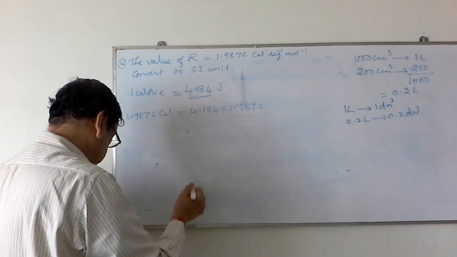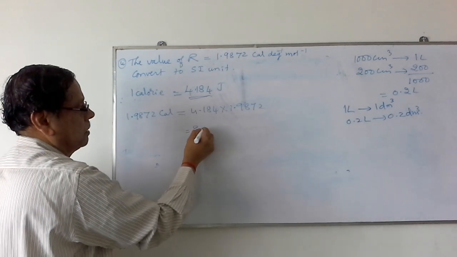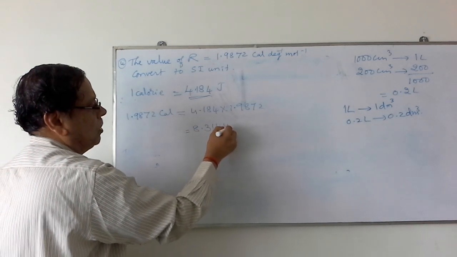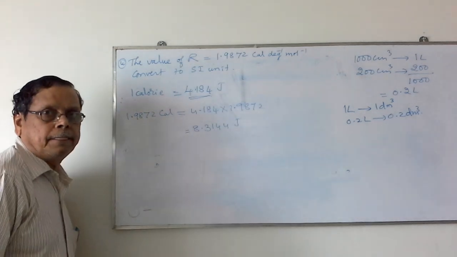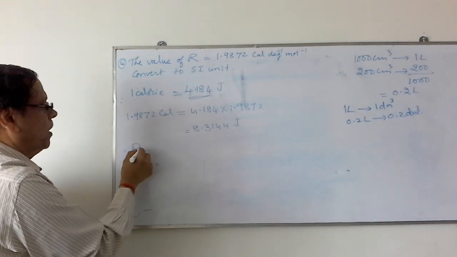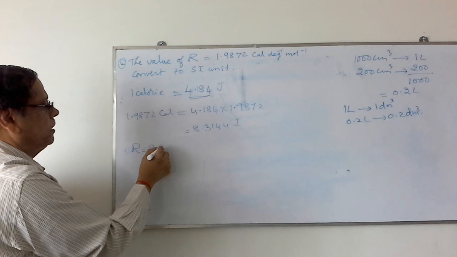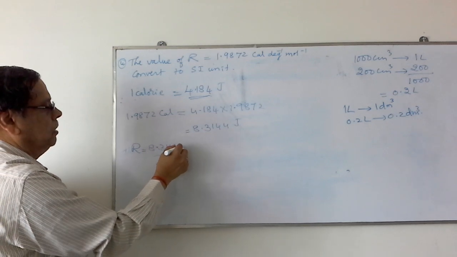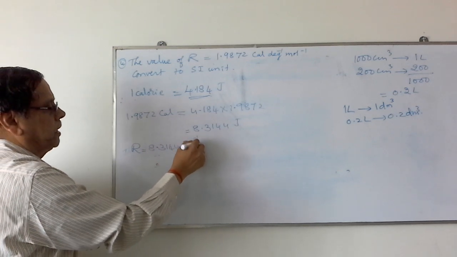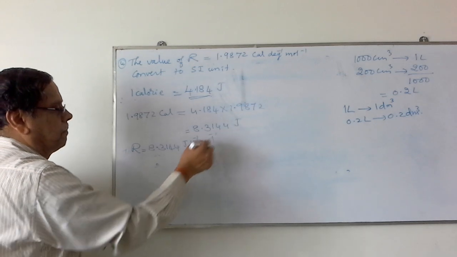This comes out to be 8.3144 joules. Therefore, the value of R is equal to 8.3144 joule per Kelvin per mole.